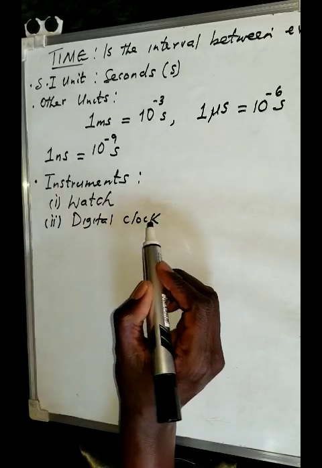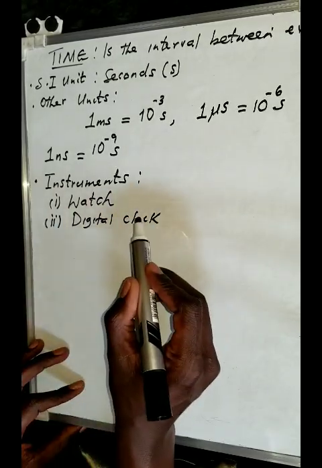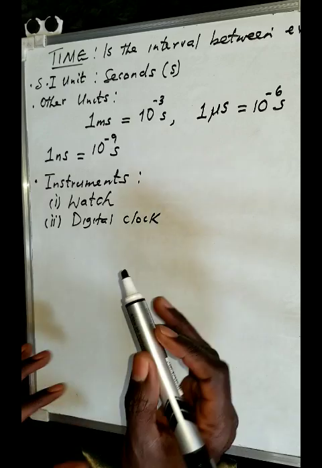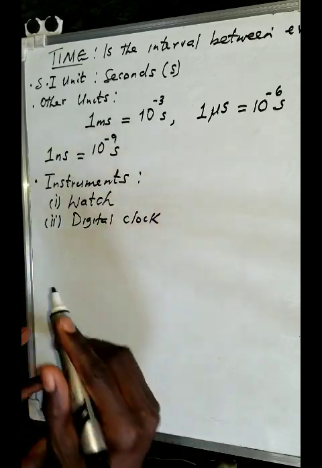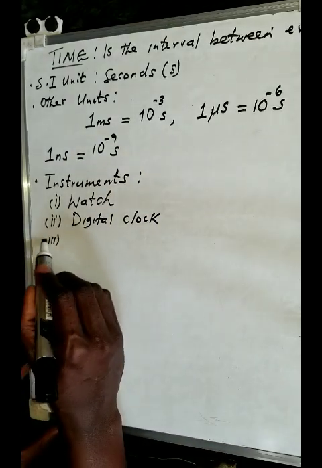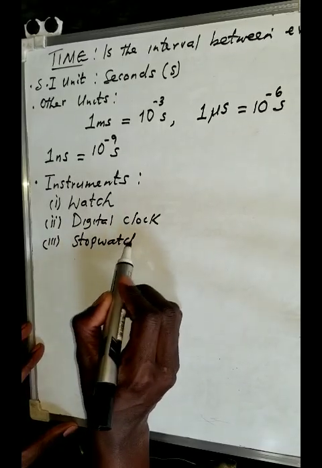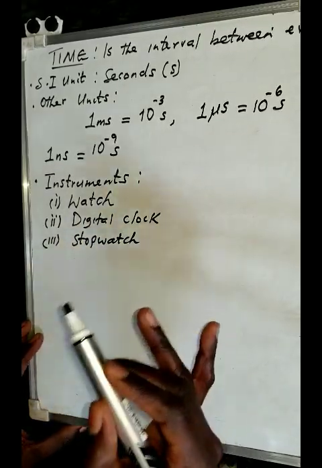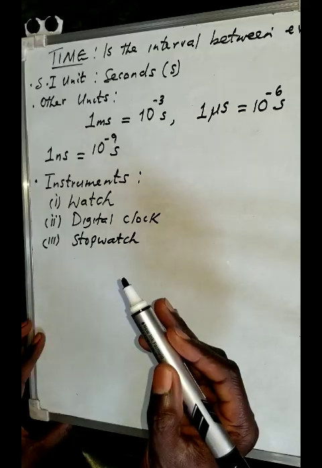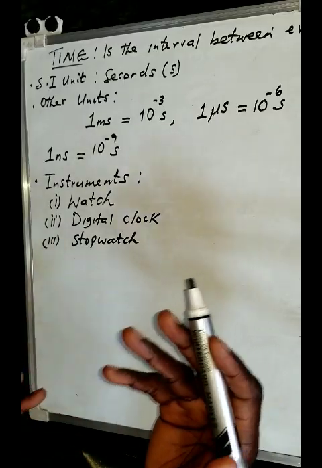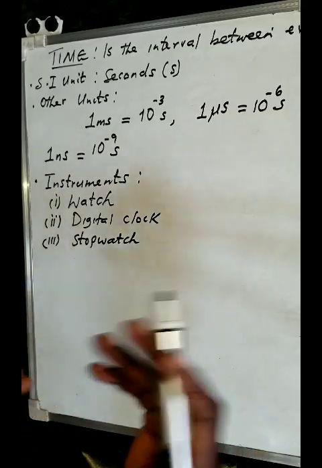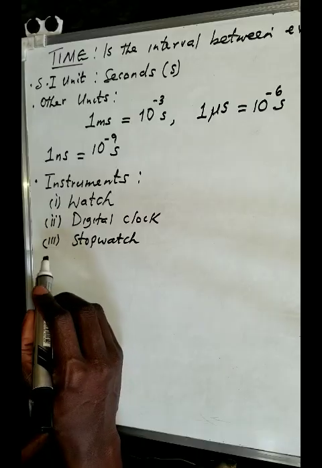Yeah, so a digital clock actually displays time using digits, often powered by batteries, or it could be electricity. You can also talk about a stopwatch. A stopwatch actually measures short time intervals with high precision, and oftentimes we use it in the lab, and it can also be used in sports.